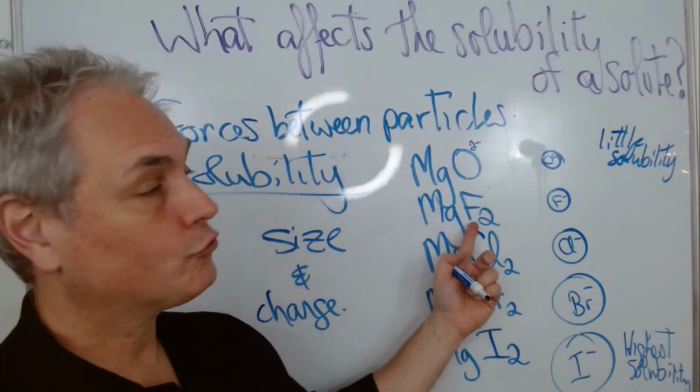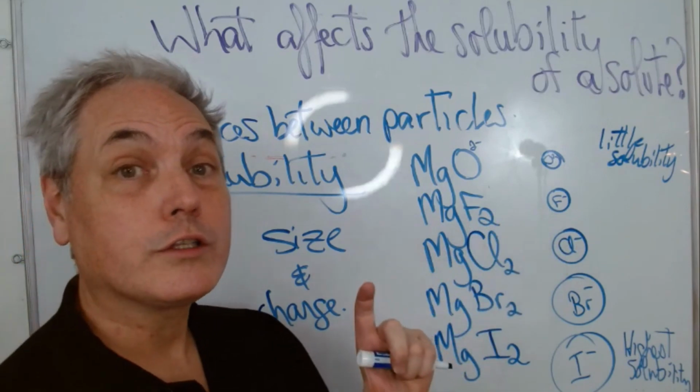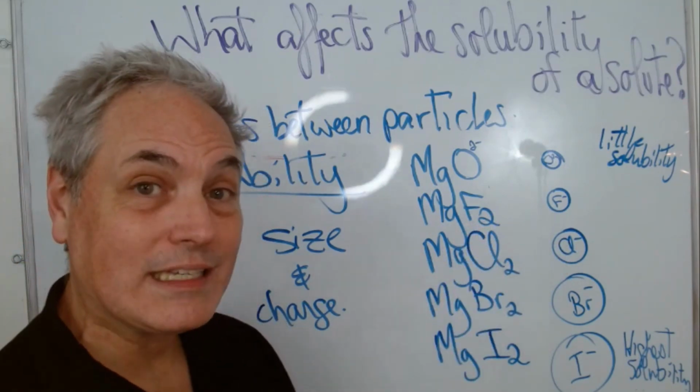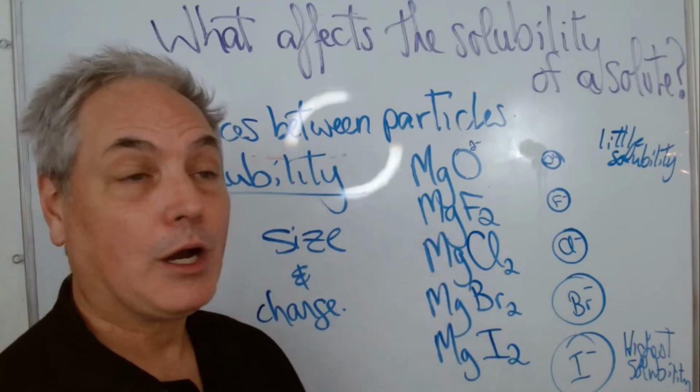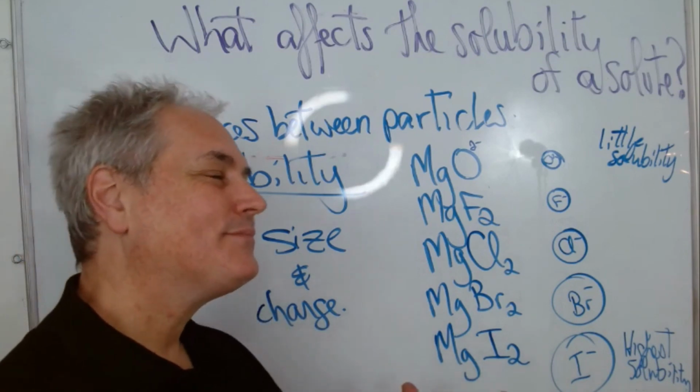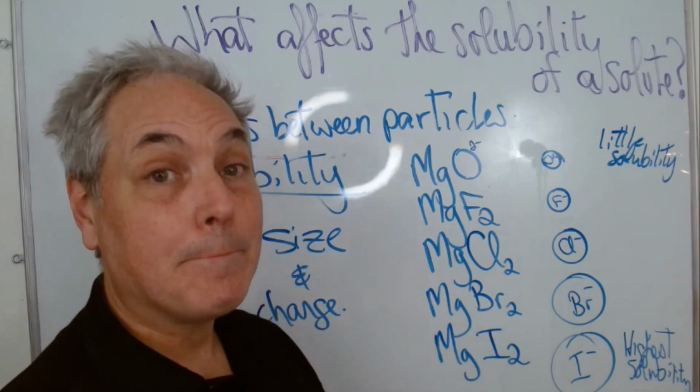Interestingly enough, we have fluorine. Fluorine is also a small ion, but we know that fluorine is quite aggressive in creating a bond and therefore will attract all the electrons and therefore the solubility is much less.